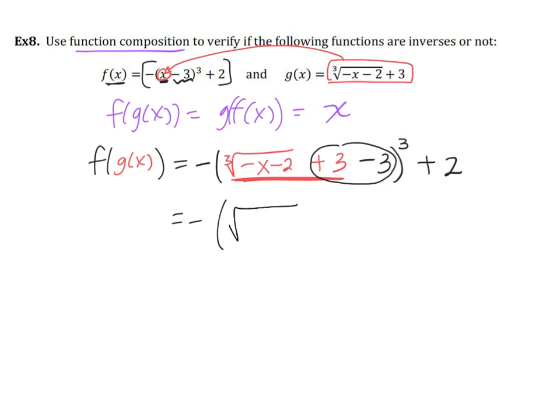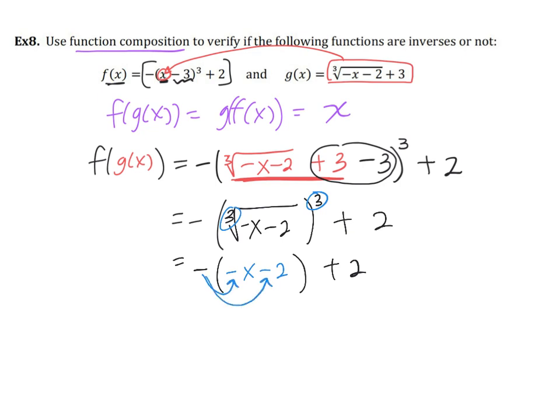So I have the cube root of negative x minus 2, and that's cubed plus 2. A cube root cubed just cancels each other out. So I just get negative x minus 2 in here, and then plus 2. But when I distribute a negative, negative x and a negative, negative 2 becomes positive x plus 2 plus 2, and that is x plus 4.